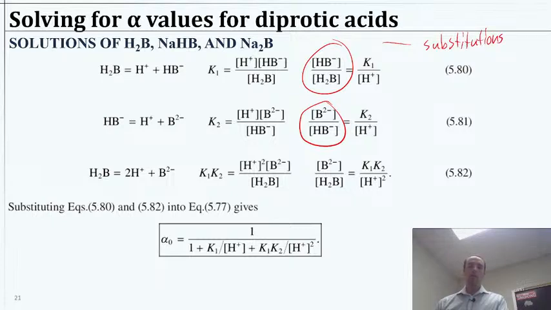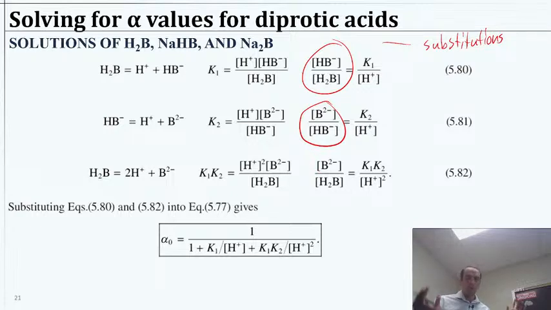These relationships here, and that's kind of the target. Finally, we could consider H2B in equilibrium, if we combine these equations, with 2H plus all the way to B2 minus. So we can get that by multiplying K1 times K2, or getting this net equation together, and that would give us a relationship between B2 minus to H2B directly.